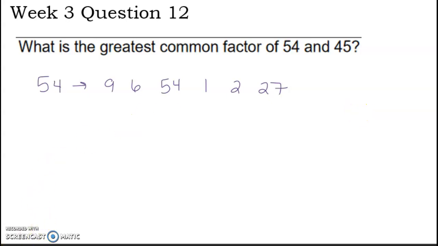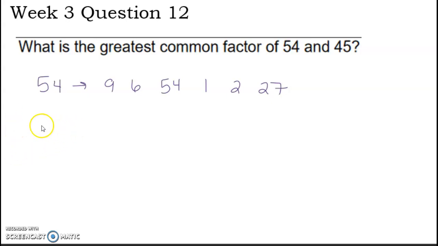Trying to think if there are any more. 9 and 6, 54 and 1, 2 and 27. I don't think so. I think those are the only numbers that would multiply. Yeah, I think that's it.